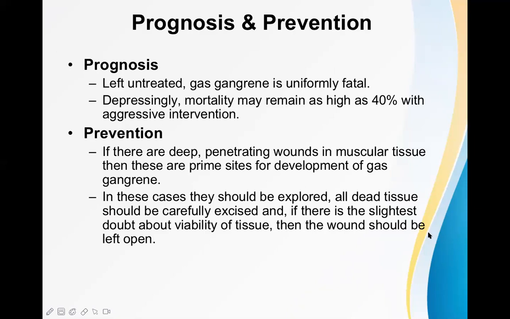Now the last part of the discussion is prognosis and prevention. Now look at here. If left untreated, gas gangrene is uniformly fatal. It will lead to death of the patient. If left untreated, it will probably cause 100% of the death.